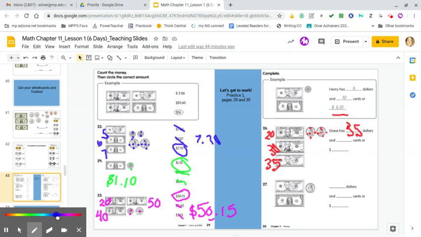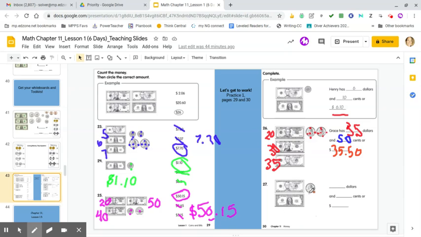And some of you might have said, well, I knew it was 50 because popcorn costs 50. It's 2 quarters. So $35.50. When we write it all together, it looks like this. $35 decimal 50 cents.